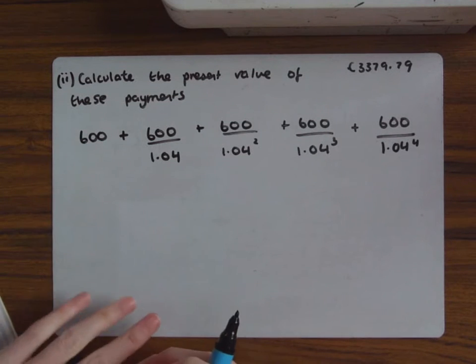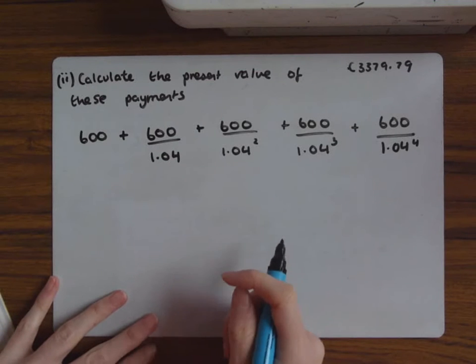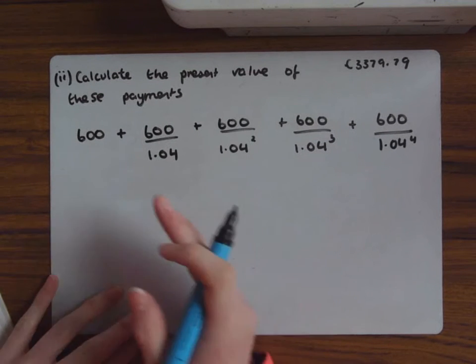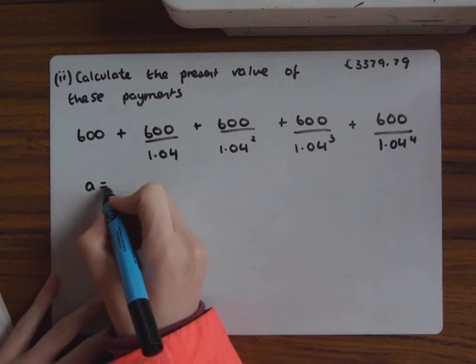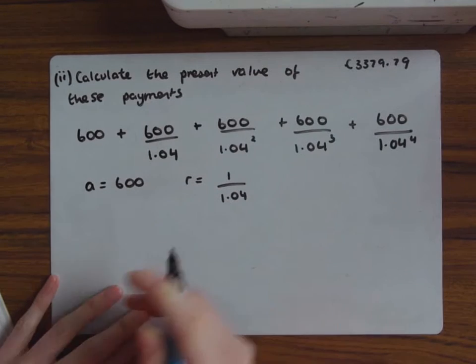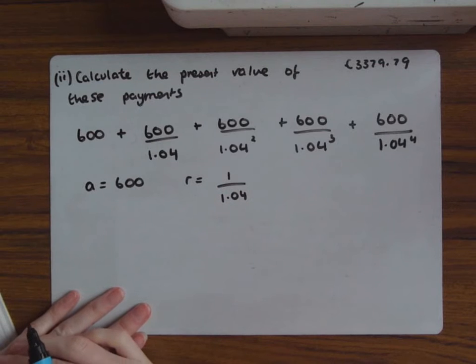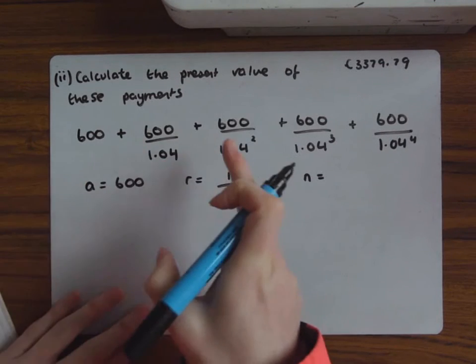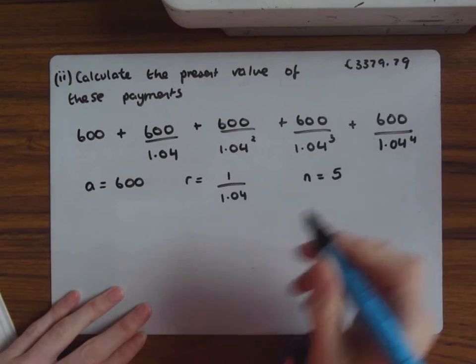Now when you go to your series, it's pretty much the exact same thing. The only thing that's happened is your A is different. Your A is 600, your R is still 1 over 1.04, and your N, there's still 5 terms.